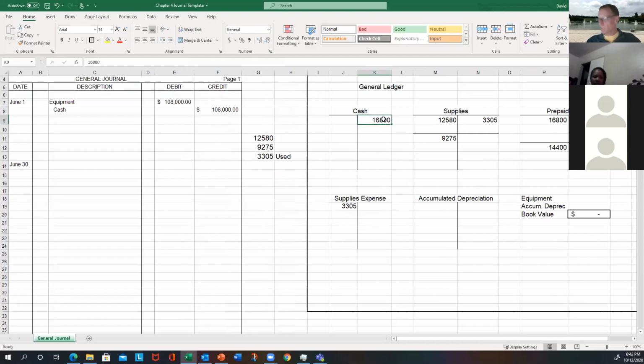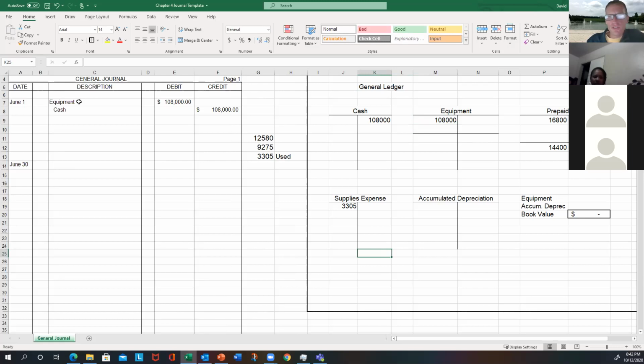So you'd post this, you'd have $108,000 credit going to cash, and then let's just add equipment here. So then you'd post $108,000 to your equipment account.